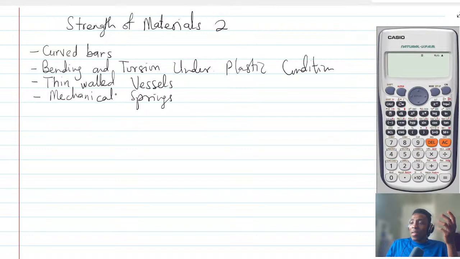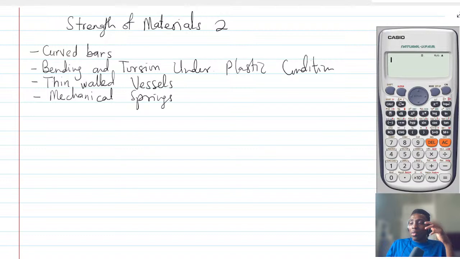For instance, if it is a simply supported beam, or a simply supported beam with a uniform distributed load, or let's say it is a cantilever with a load at the free end, or a cantilever which is uniformly distributed. All right, and then also the Castigliano's theorem, or what we call the energy method. Okay, basically I think that is it.